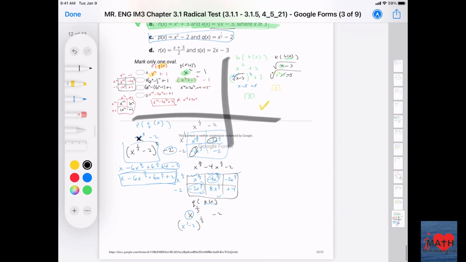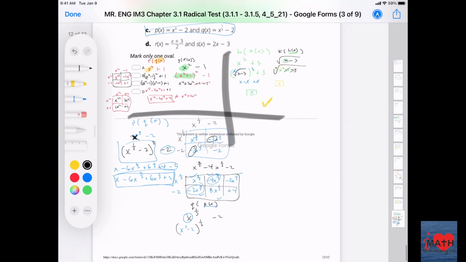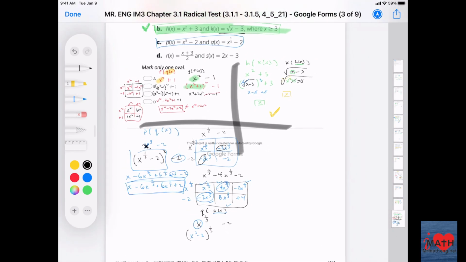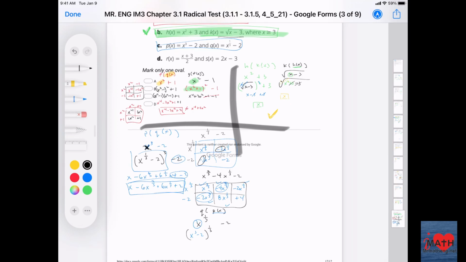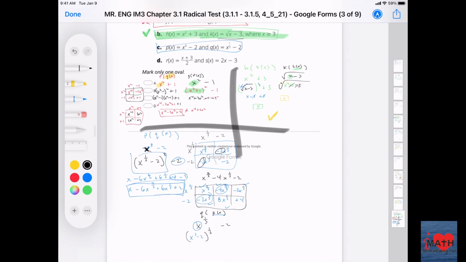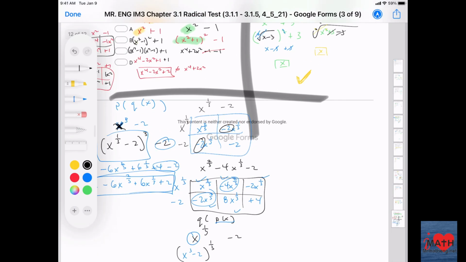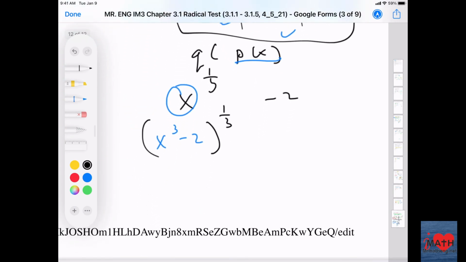Let's double check. Yes, and Q we put into P, P we're putting into a 1/3. Okay. Put that as a minus 2, and then you can just change this into radical form, might help.